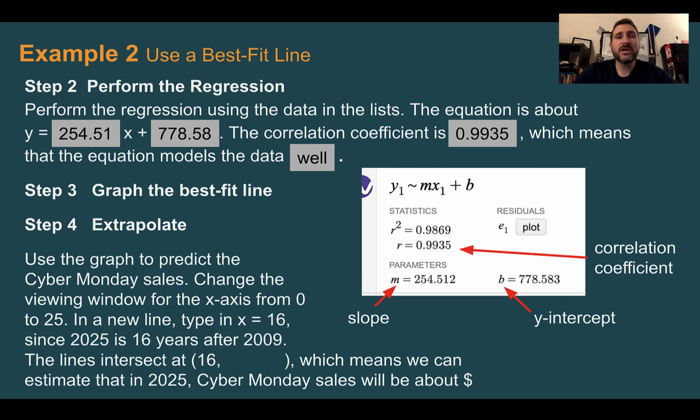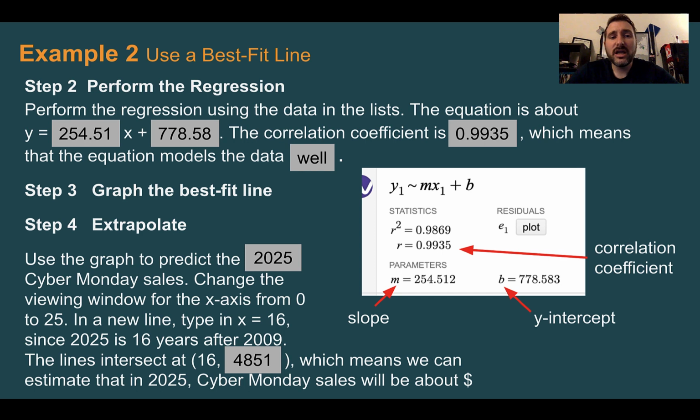Then, when we want to extrapolate and use our graph to predict from 2025, we can just take our equation and plug in 16. That's because 2025 is 16 years after 2009. This one started at 2009, not 2000.